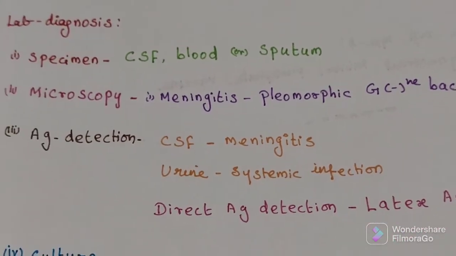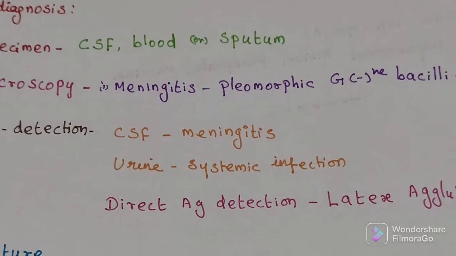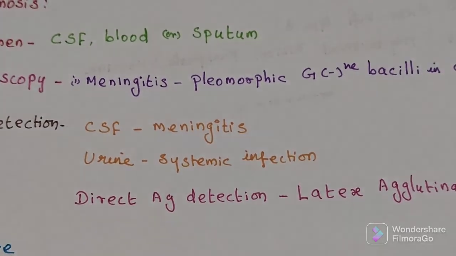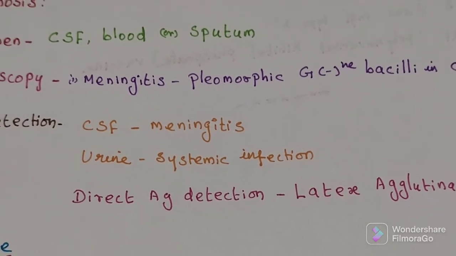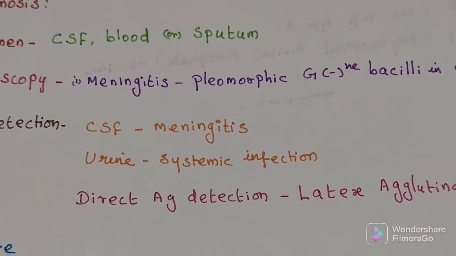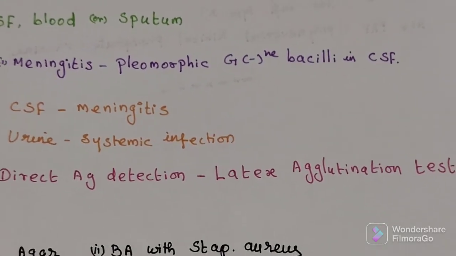Third is antigen detection. It is detected in CSF in the case of meningitis and in urine in the case of systemic infection. Direct antigen detection is performed by the latex agglutination test.